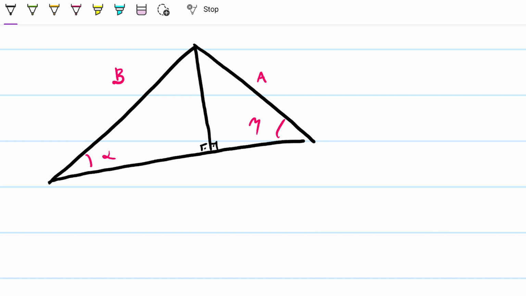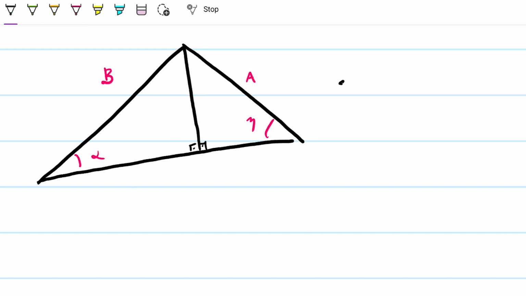Because now I can use the normal relationship of the sides. Sine of beta will be this side here over the hypotenuse. So the sine of beta equals this side here, which I can call Z, divided by the hypotenuse, which in this case is A.